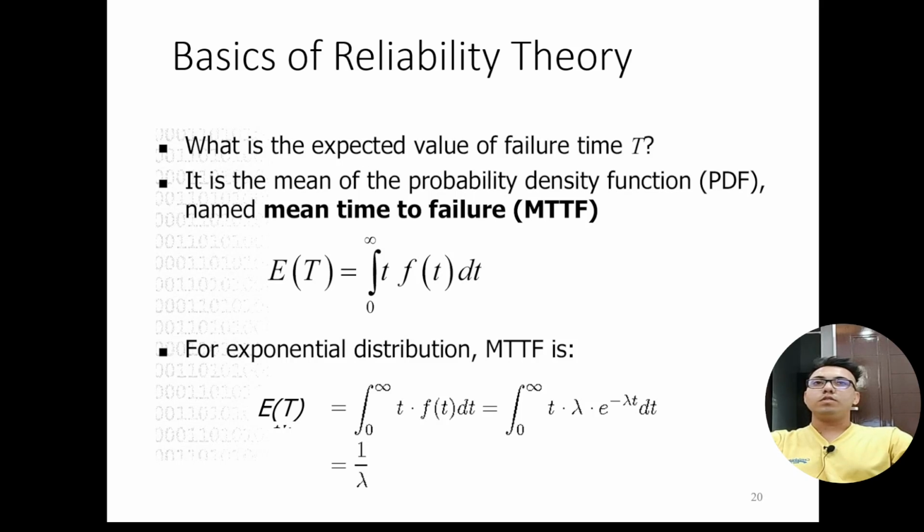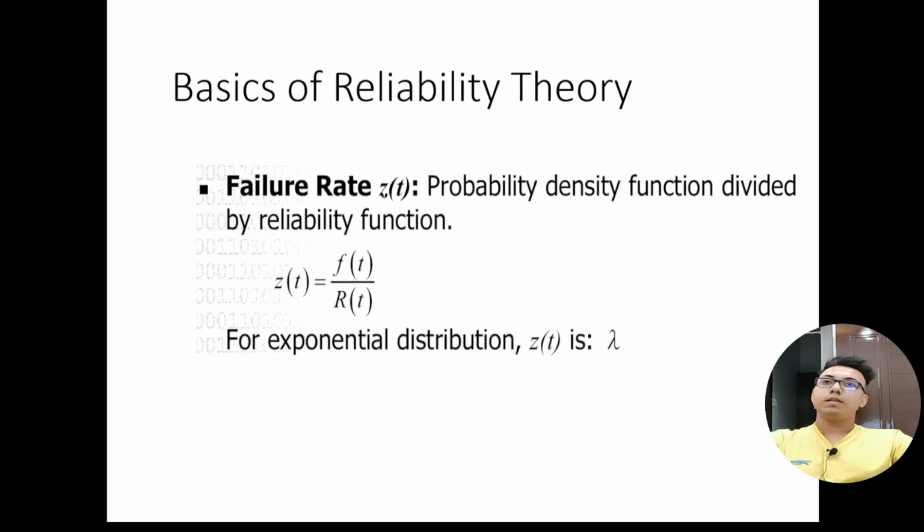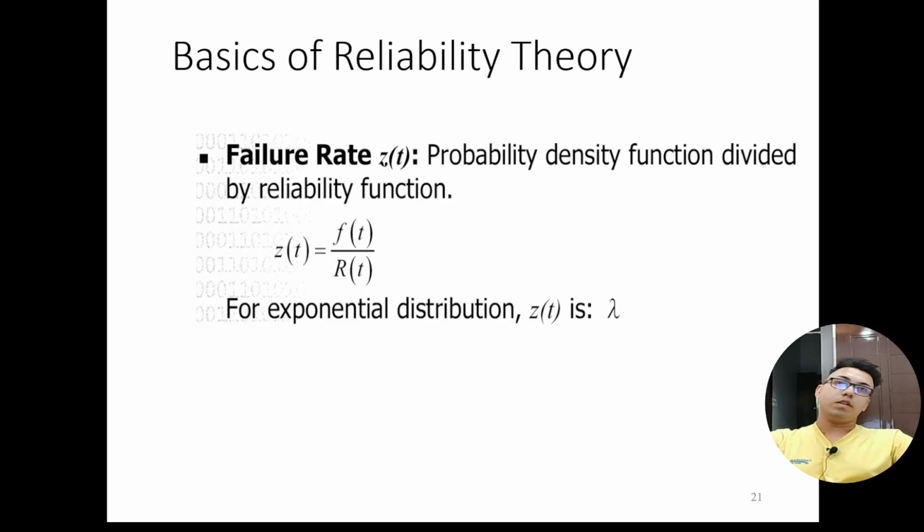Basics of reliability theory. The mean time to failure for the exponential distribution is 1/lambda, and the failure rate is the probability density function divided by the reliability function, which is lambda.